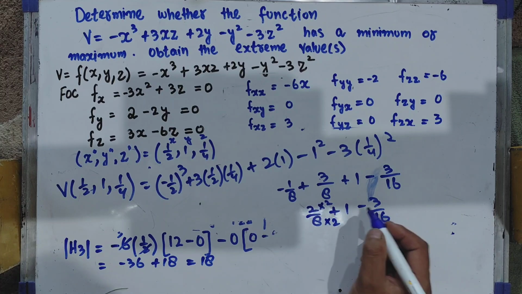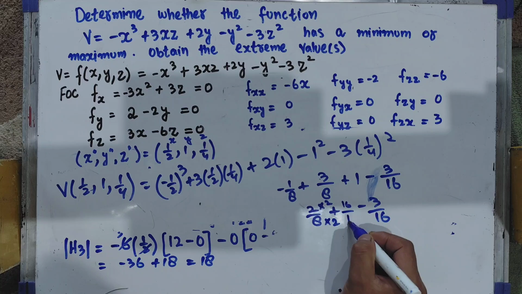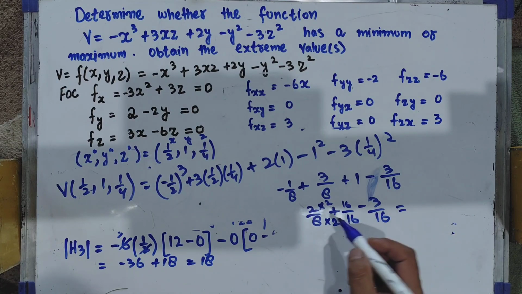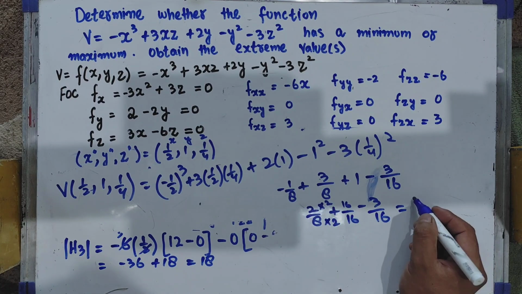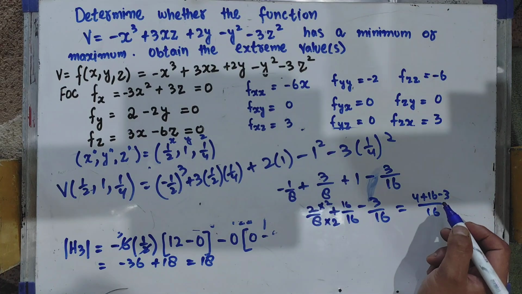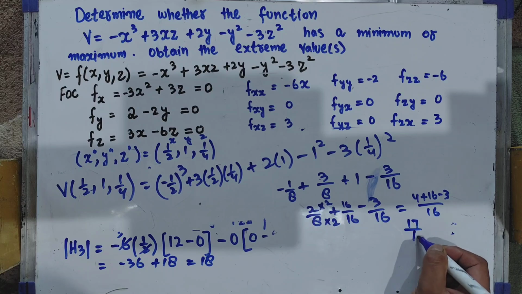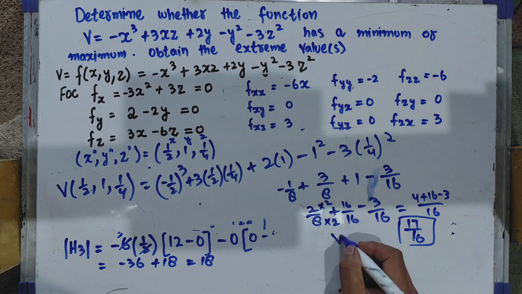We can write 16 upon 16 in place of 1. So we get 4 plus 16 minus 3 upon 16, which gives 17 upon 16. That means the maximum value will be 17 upon 16.